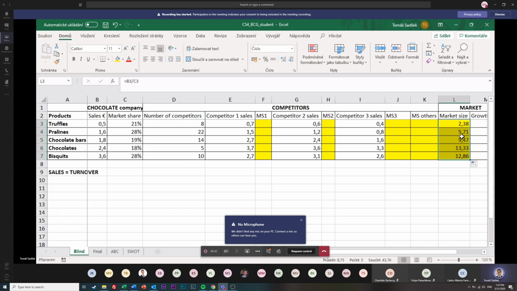The total is sales divided by market share, 2.38. Then you just need to copy this formula to the other cells, and you're finished with this.